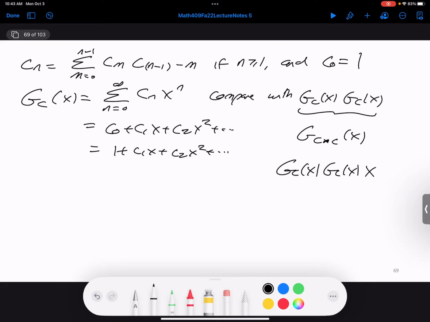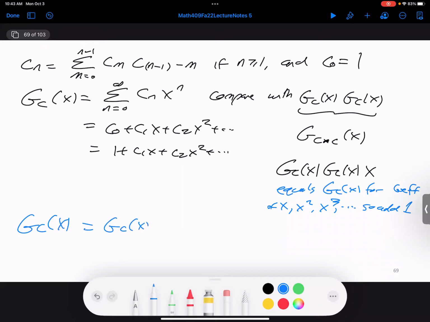They agree at x, they agree at x squared, they agree at x cubed. It doesn't produce the C0 term. So how do we fix that? Add 1. So this equals GC of x for coefficients of x, x squared, x cubed, dot, dot, dot. So add 1. And so now what do we get? We get GC of x is GC of x times x plus 1. And now they work everywhere.